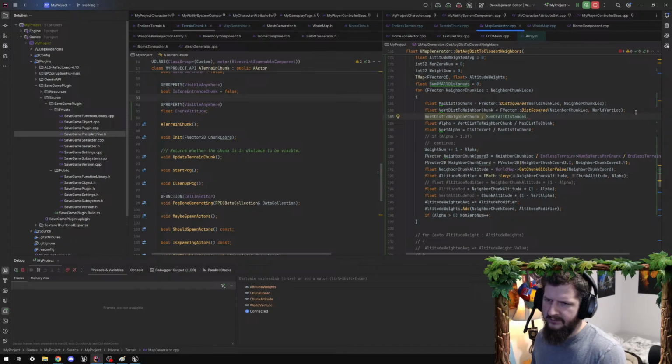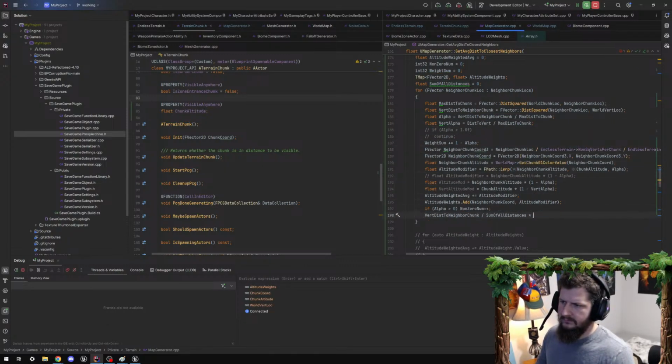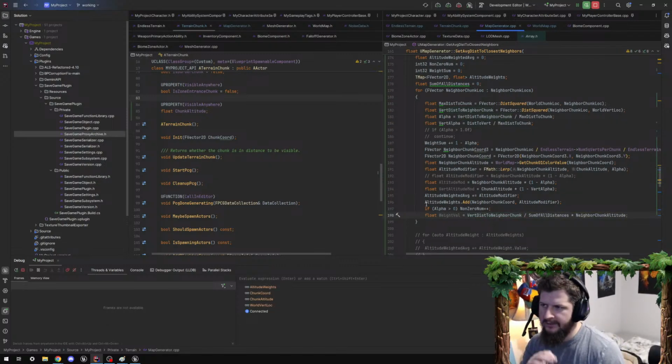And you're saying times, what is center 1 value? Oh, the altitude value? Times this at the bottom. Times neighbor chunk altitude. And so you're saying something like that. This is like a weighted value. And then I'll add all these.